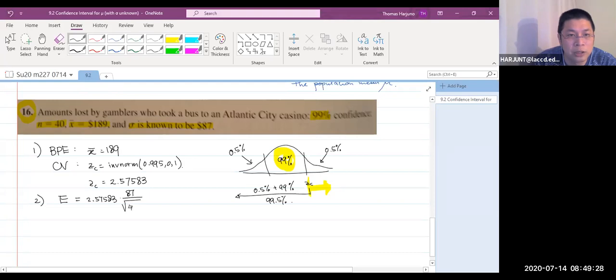So you see, the larger the sample size, the smaller the margin of error, and the larger the confidence level, the larger the margin of error. You see this number coming from the confidence level, and this is the sample size, right? So the confidence level increases the margin of error, but the margin of error will decrease when the sample size is larger.